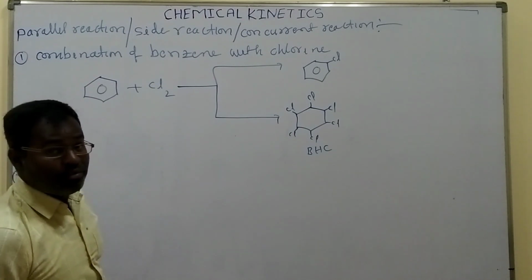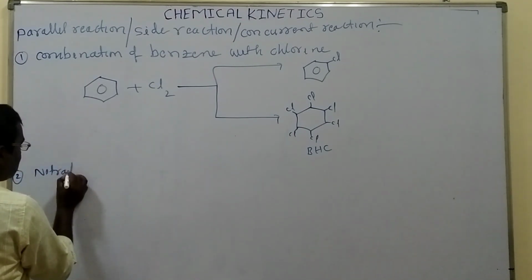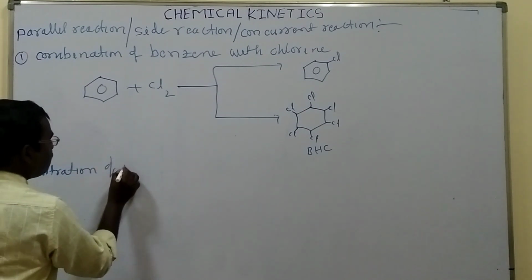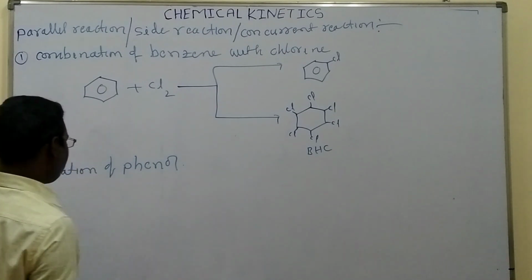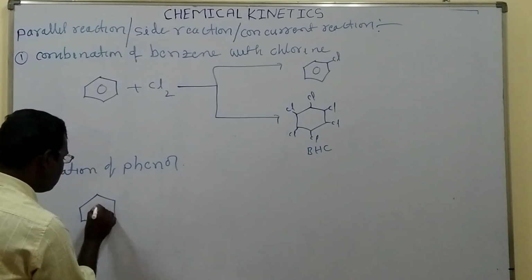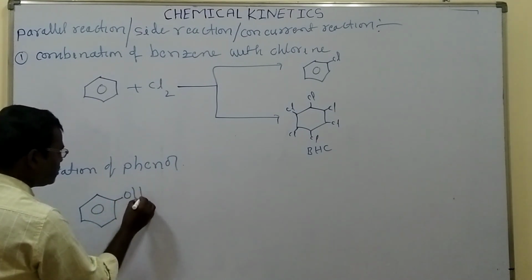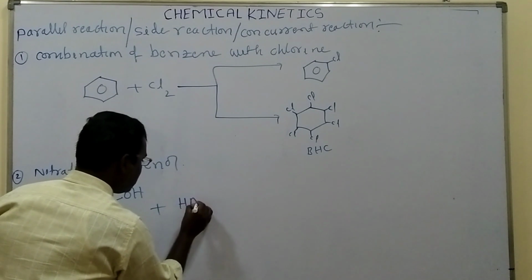This is one example, and the second one is the nitration of phenol. Take phenol, the aromatic alcohol, OH. We are doing the nitration, so add HNO3.